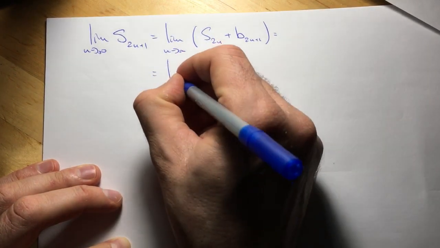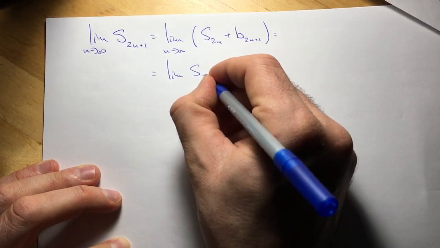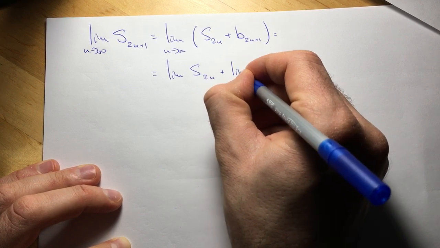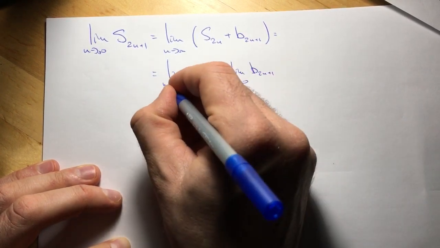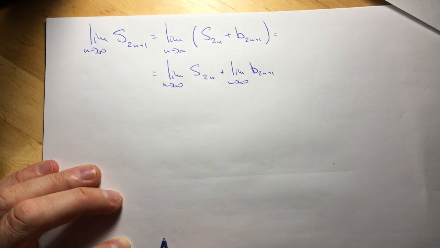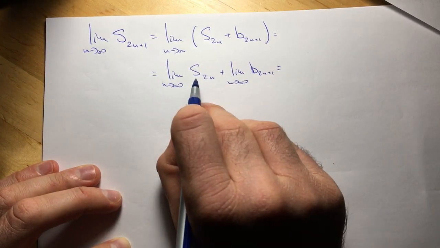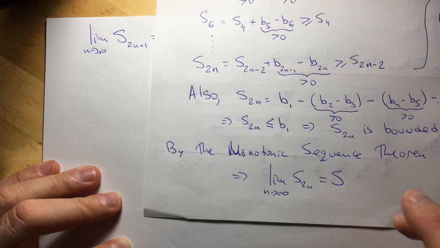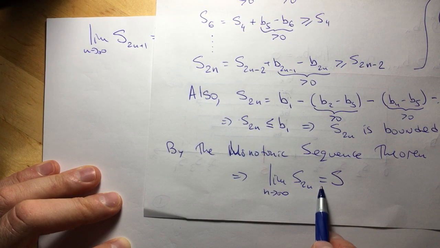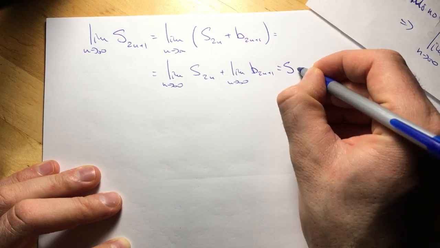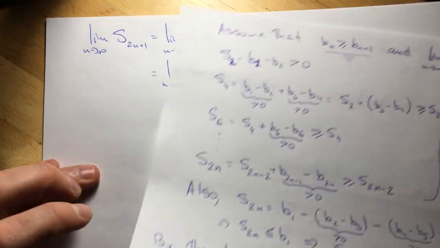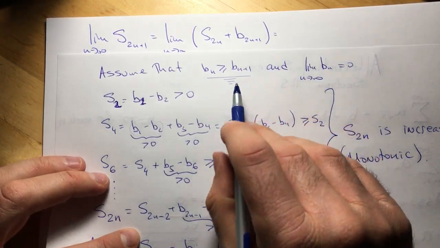By properties of limits, separate the sum, express it as a sum of limits. This limit here, we showed converges to some value that we call S, plus, and now look at this condition here.